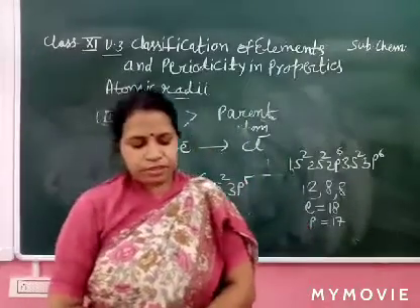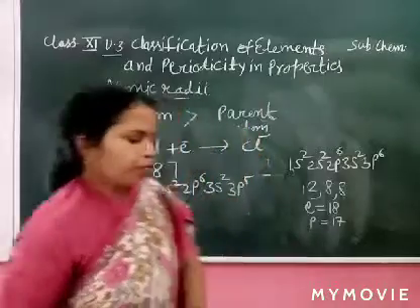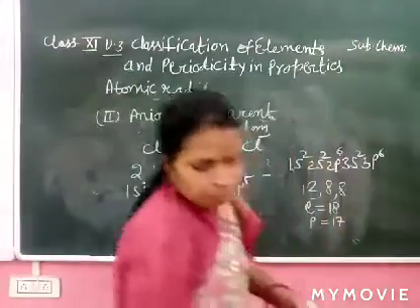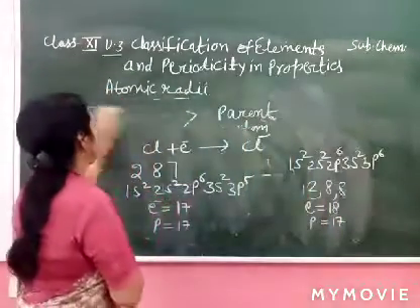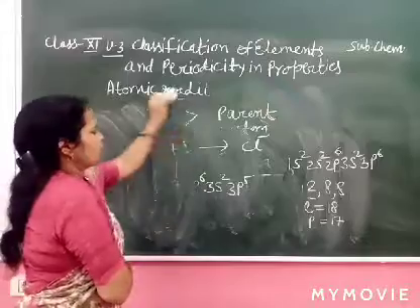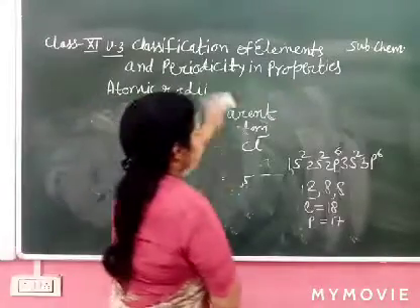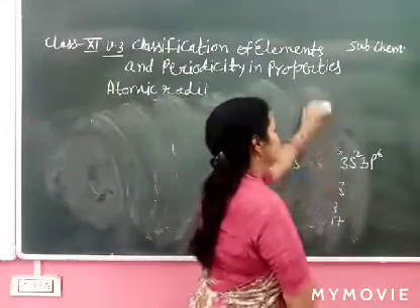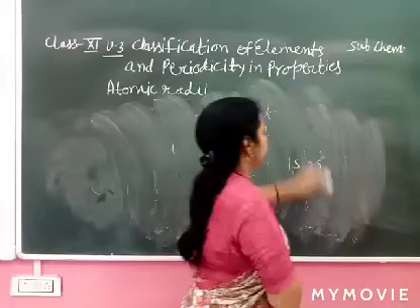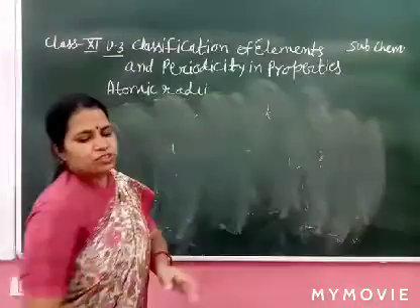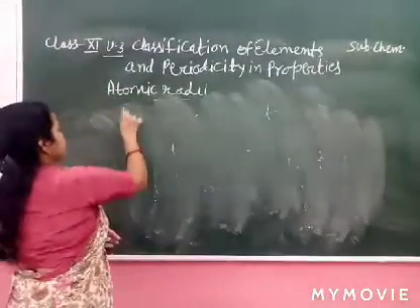It's okay? Next, variation of the atomic radii in the periodic table. What are the variations in group and in period? Let's see. The variation of atomic radii.